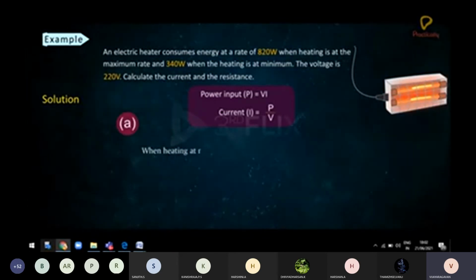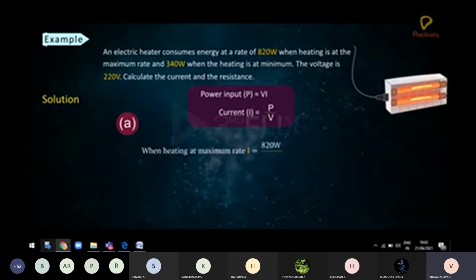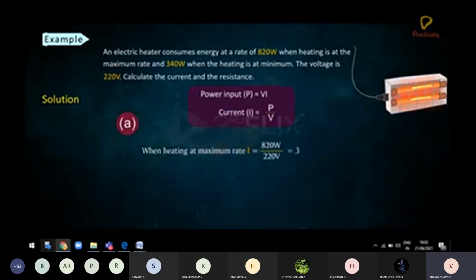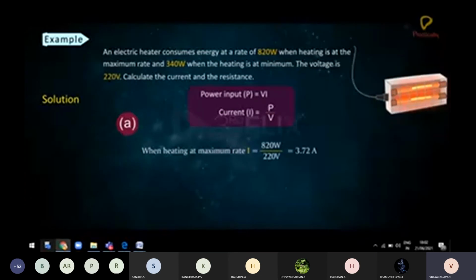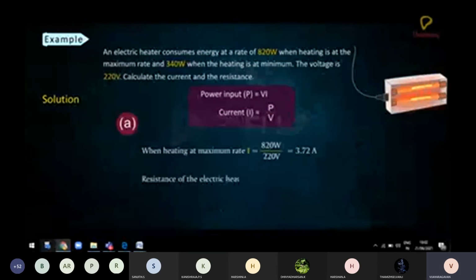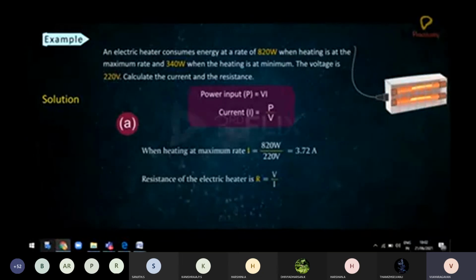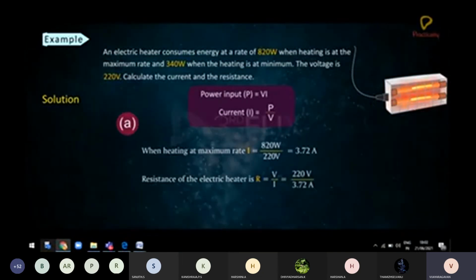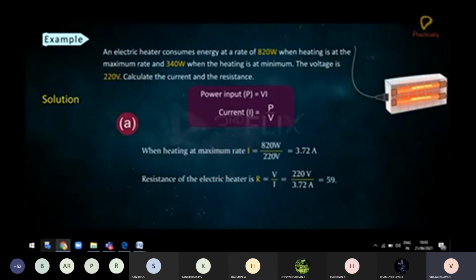When heating at maximum rate, I = 820 watts / 220 volts = 3.72 amperes. Resistance of the electric heater is R = V/I = 220 volts / 3.72 amperes = 59.13 ohms.